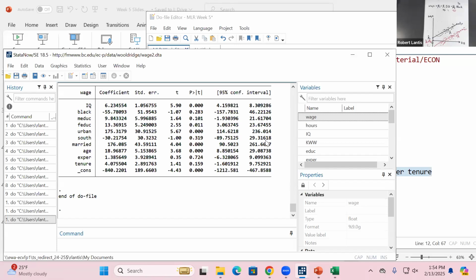Age is also, and then whether or not you're in an urban area, that makes sense. We know the cost of living is higher in cities, in Indianapolis relative to Bloomington, and so you have to pay workers higher wages. Some of these things don't look like they matter a whole lot at all. The one that's surprising is going to be the experience variable. Something kind of weird is going on with that, which we should be able to talk about next Tuesday.